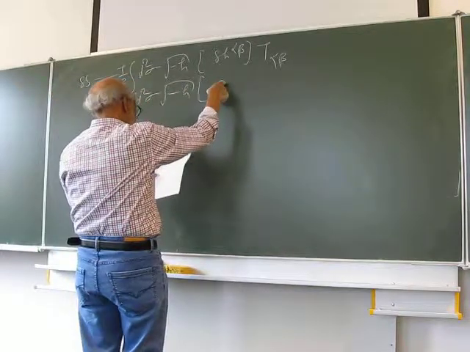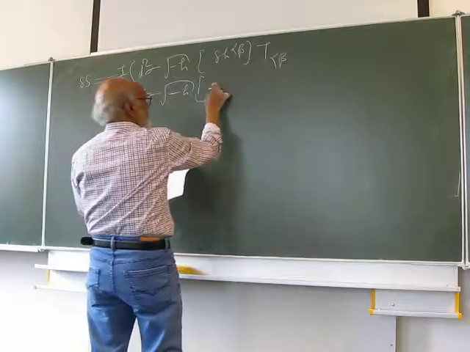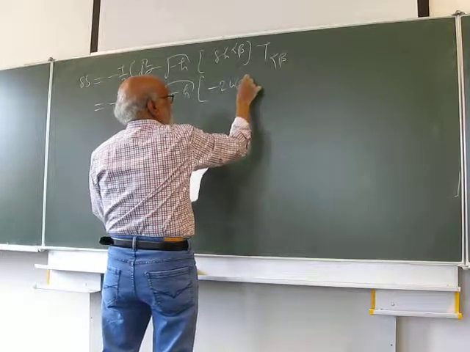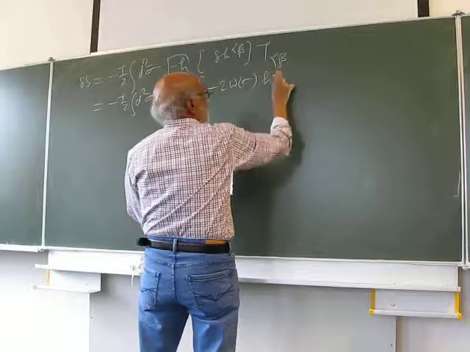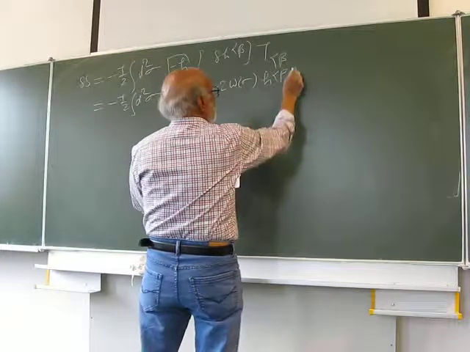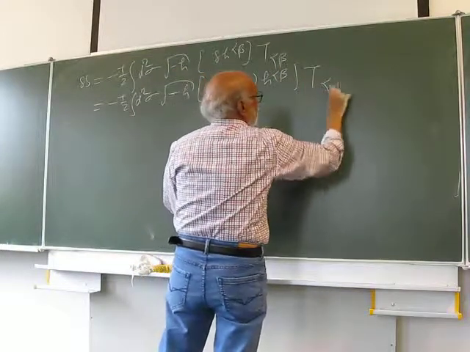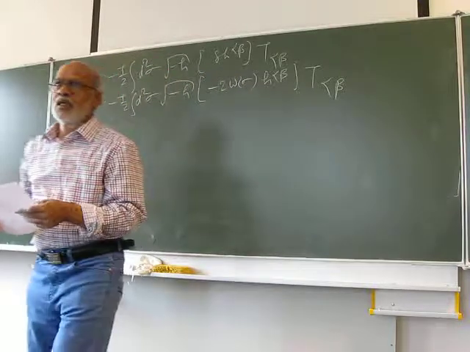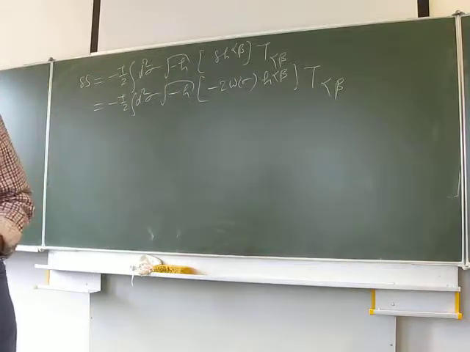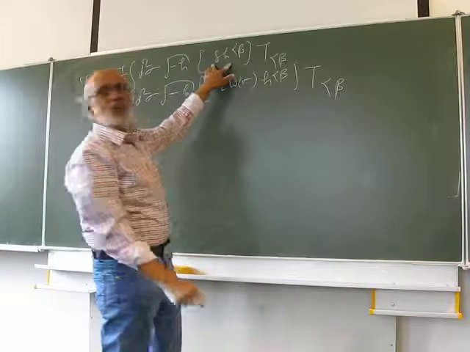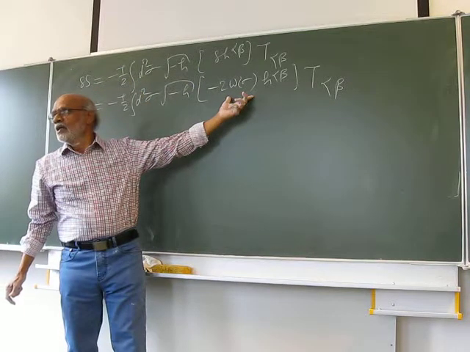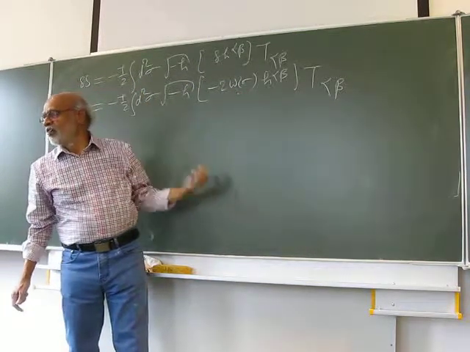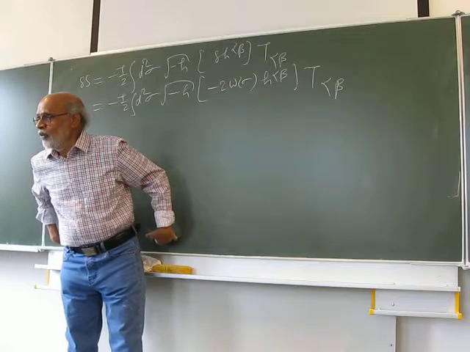Now I put the value of this delta h alpha beta, which is minus 2 omega of sigma h alpha beta, into T alpha beta. I have just put the value of this delta h from the infinitesimal form of transformation that we just wrote down.